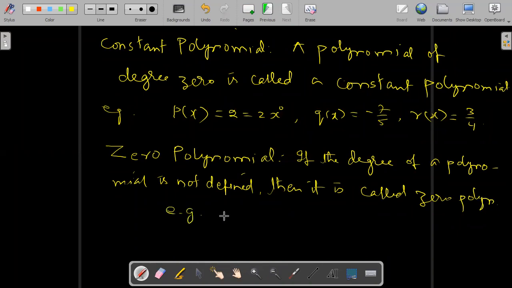Zero means only zero. When you have only zero, we cannot say any degree. What degree is there? We cannot say that. We can put any number, but it will become zero. Suppose you put x equal to 5, this will also become zero. In this case, degree is not defined. So if only zero is there, that is called the zero polynomial.